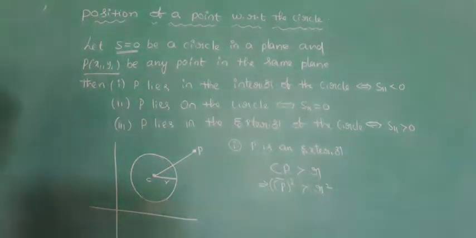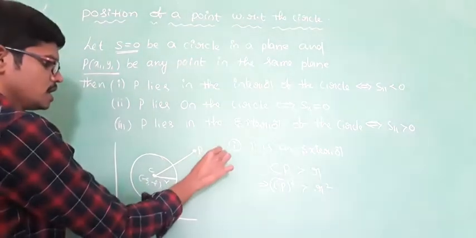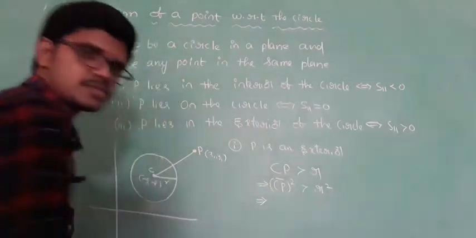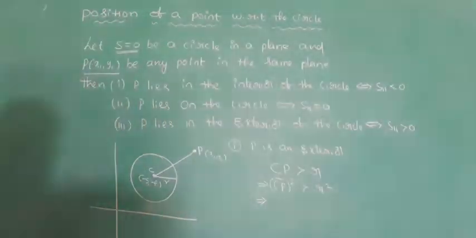So what is C here? S is the general equation, so the center is (minus g, minus f), and let the point be (x1, y1). So what is the distance?